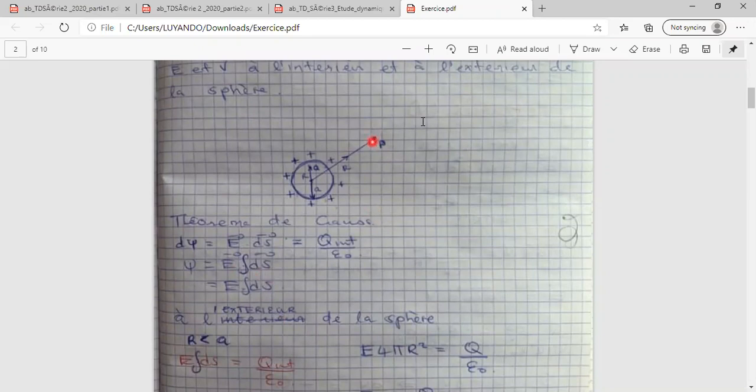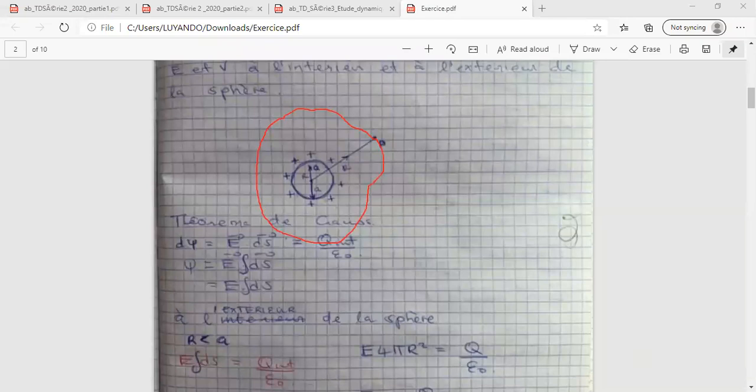What I explained is that we're going to come up with a Gaussian surface. I think I remember mentioning something about the Gaussian surface. The Gaussian surface is like we establish another surface.